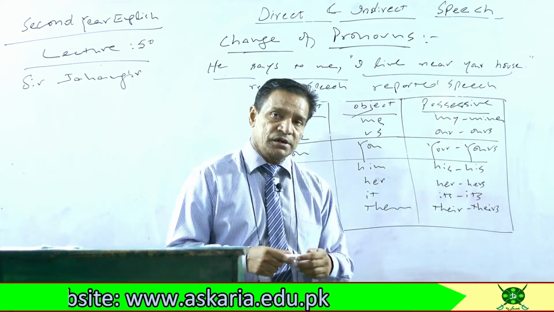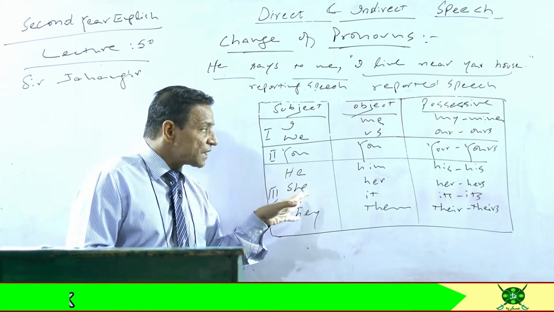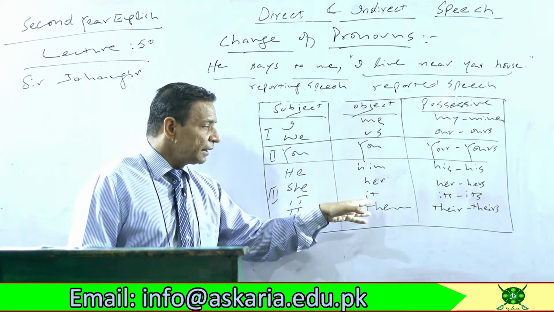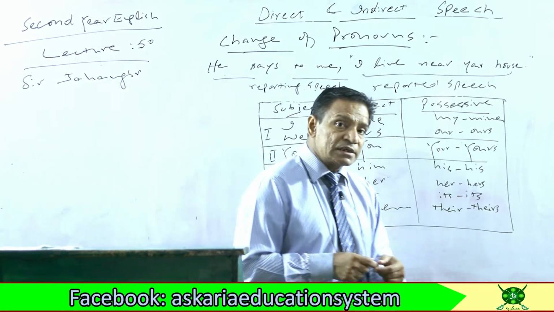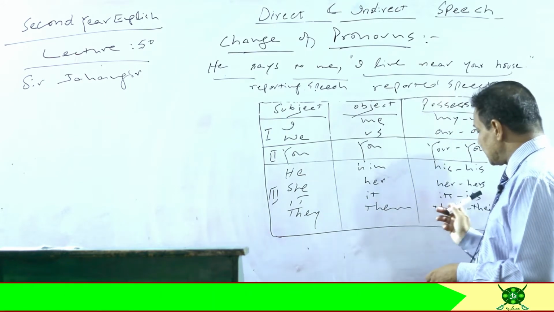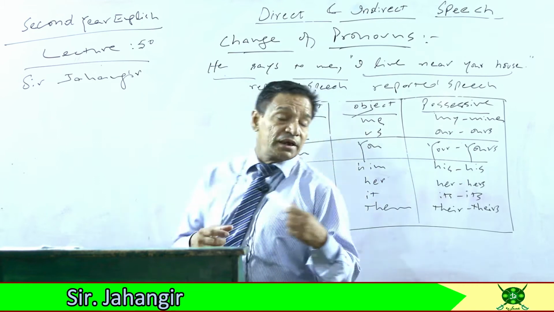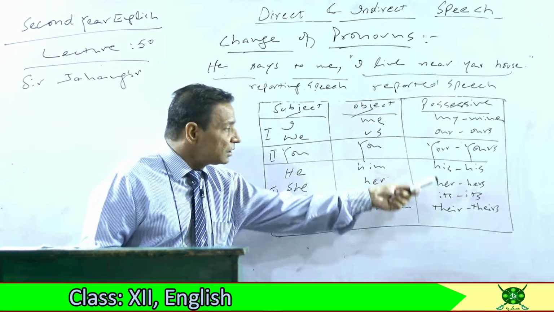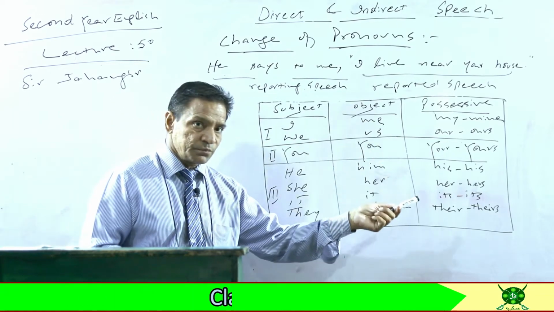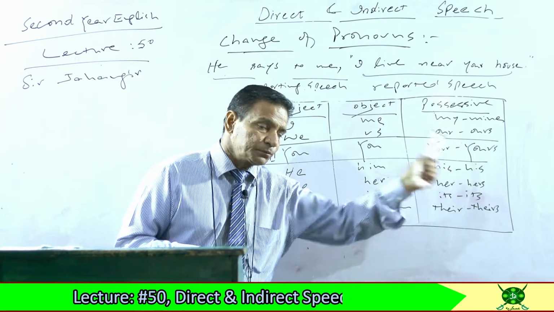Then the third person pronouns are he, she, it, and they, with objective cases him, her, it, and them, and possessive cases his, her and hers, its, and their and theirs. So all these are the pronouns: first, second, third, subjective, objective, and possessive.